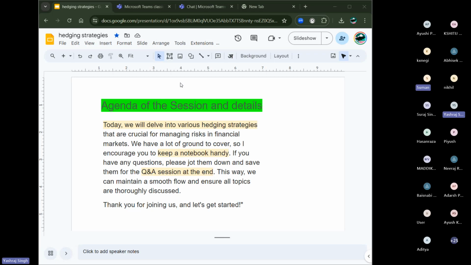I would recommend you keep a notebook with you. If any doubt comes up during the session, you can note it down, and at the end of the session there will be a Q&A where we can discuss doubts. I expect that for a lot of you, the session will be a bit introductory, or a few topics will be a bit simple.